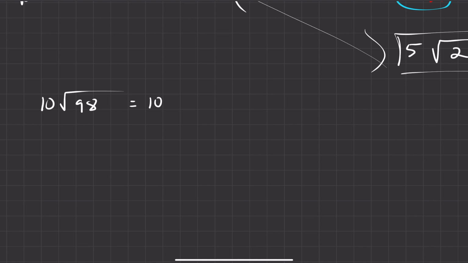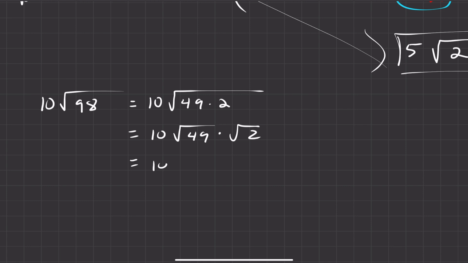So I have 10 times the root of 49 times 2. Say 10 times root 49 times root 2. So then 10 times, what's the square root of 49? Well, that's 7, and then the square root of 2, well, if I put that in the calculator, you're going to get a decimal, right? 2 is not a perfect square, so I'm going to leave it alone.